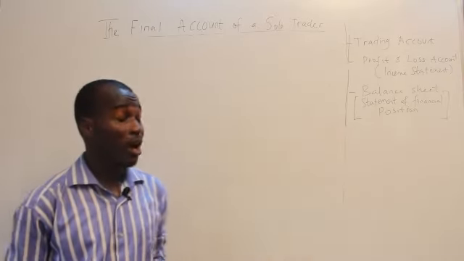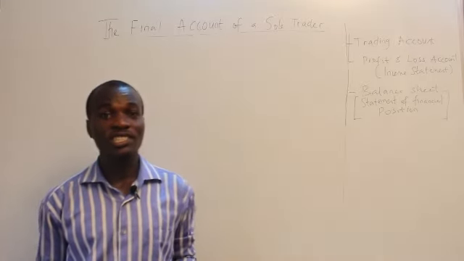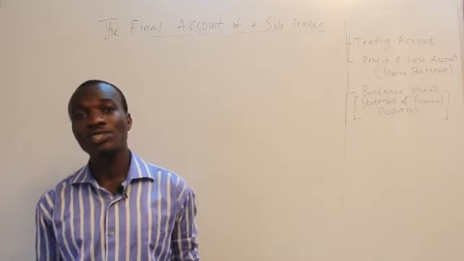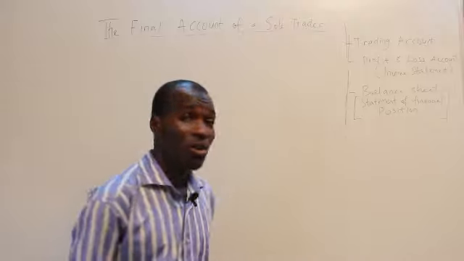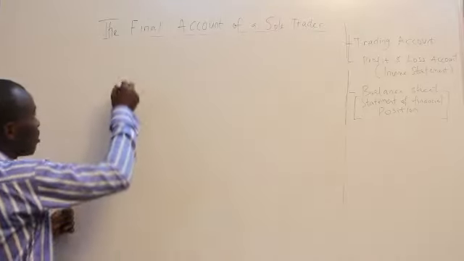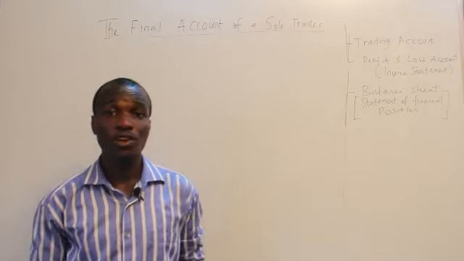So I said in the introductory class, we said the balance sheet is the tabular representation of the accounting equation. So in the balance sheet, we are going to have the assets, we are also going to have the liabilities. Do not forget, the balance sheet is not an account, but rather it is used to show the financial position of the organization.